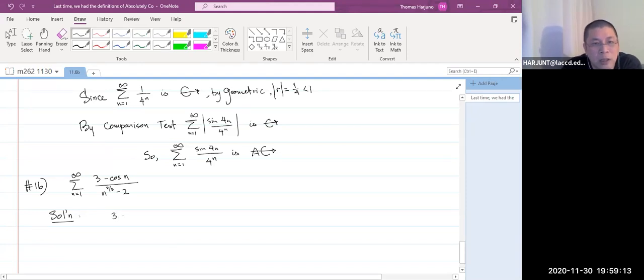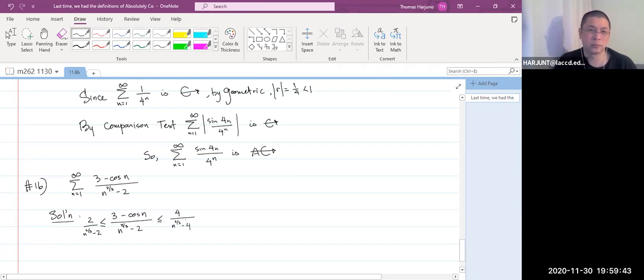Notice that 3 minus cosine n over n to the 2/3 minus 2 is at least 2, right? But at most 4. Agree? To be safe, let me say for n greater than or equal to 8, I just try to make the denominator positive.